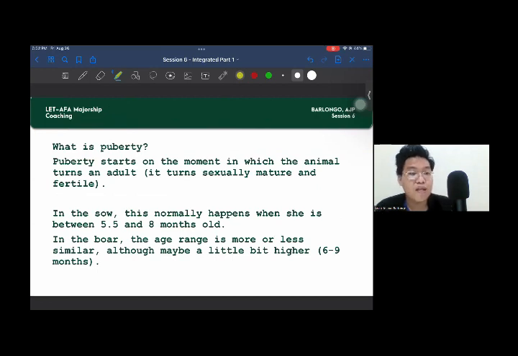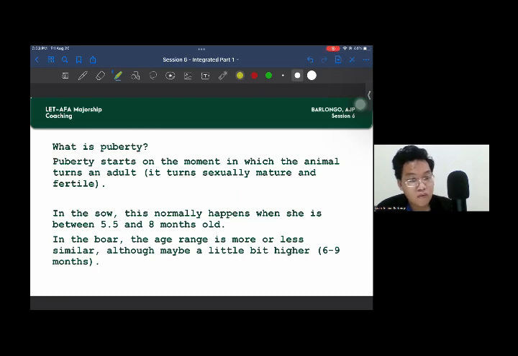So first and foremost, let us define what is puberty. So I think that we tackled this. So in humans, actually, this is also true in animals. Ayan, puberty starts on the moment in which the animal turns an adult. So it turns sexually mature and fertile. Ayun yung puberty.